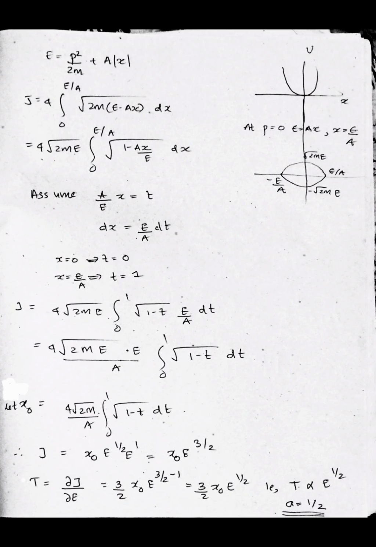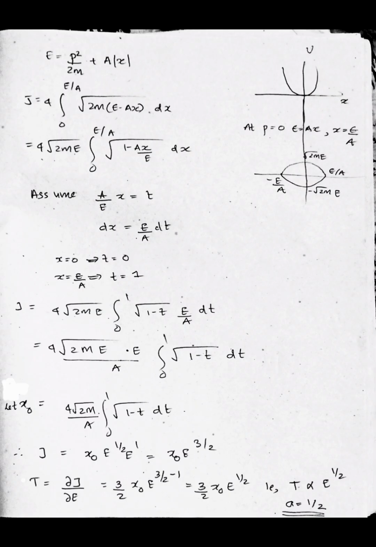From here we can say that at P is equal to 0, that means momentum is equal to 0, E is equal to Ax, that is x is equal to E by A. Then at x is equal to 0, E is equal to P square by 2m, that is P is equal to square root over 2mE. Like this way we can draw the graph of P versus x and U versus x.